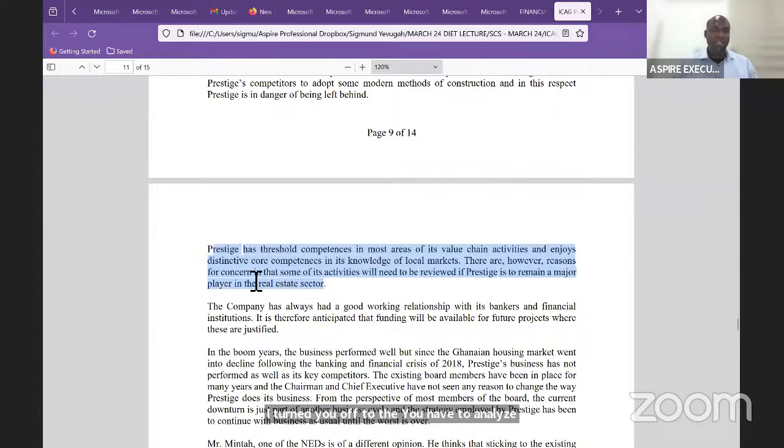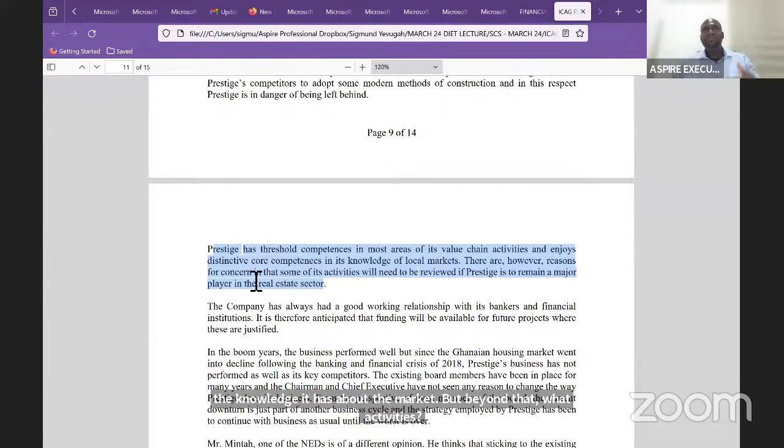So they told you that the company has some threshold competence, and you know that threshold competence alone is not enough, and enjoys distinctive core competence in its knowledge of the local market. So the only thing that gives it competitive advantage is the knowledge it has about the market. But beyond that, what activities are their competitors doing which may be better than what they are doing?